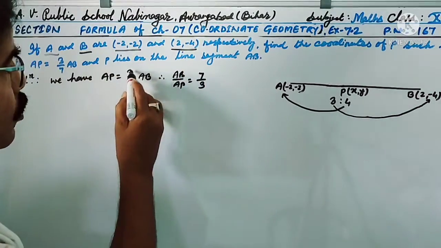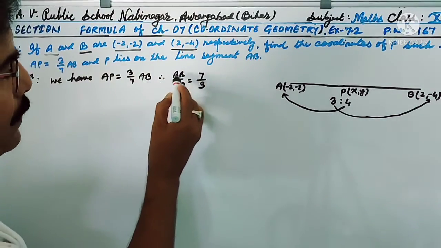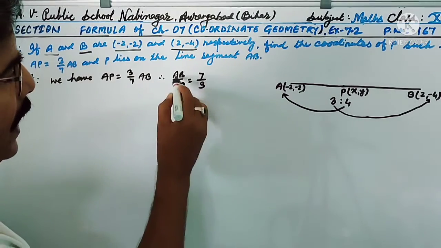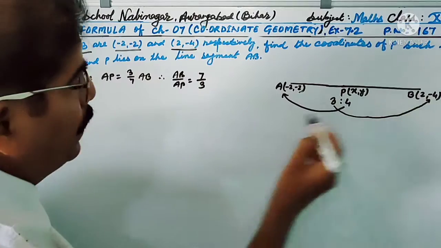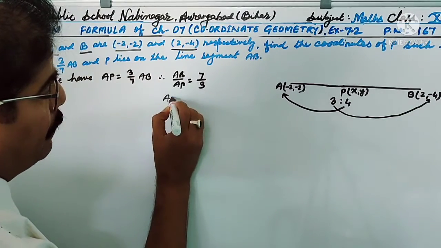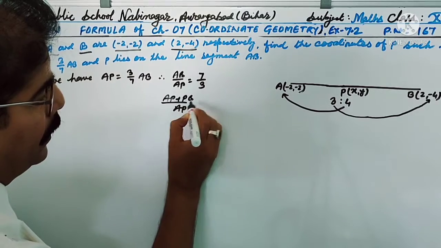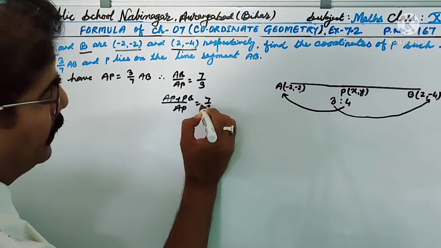Since AP = 3/7 AB, therefore AB/AP = 7/3, and AB = AP + PB.